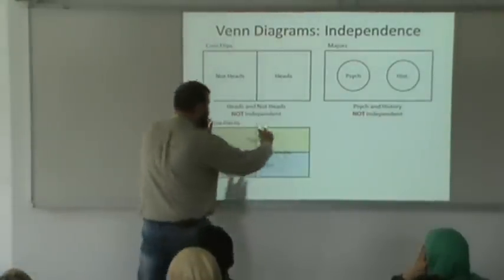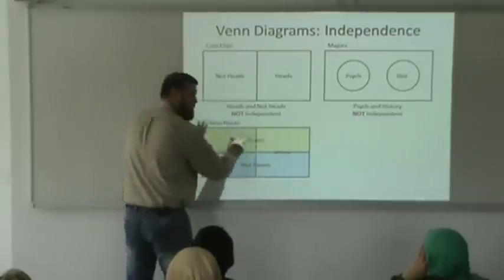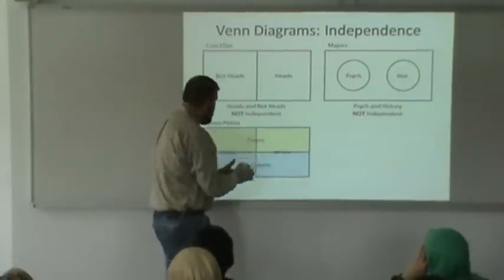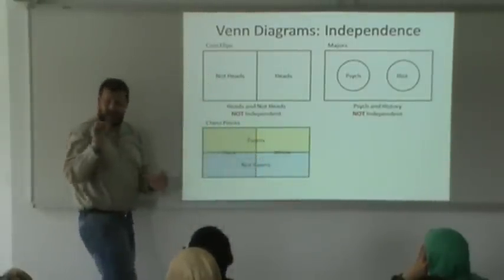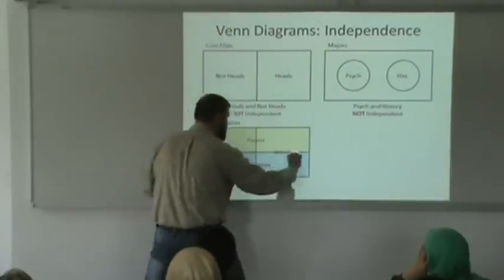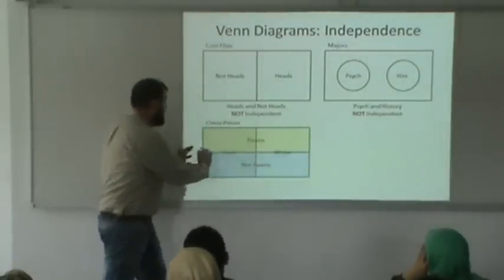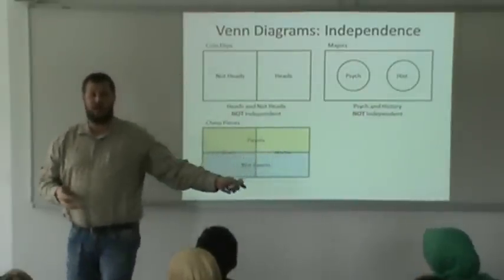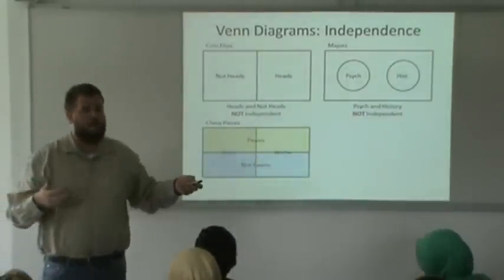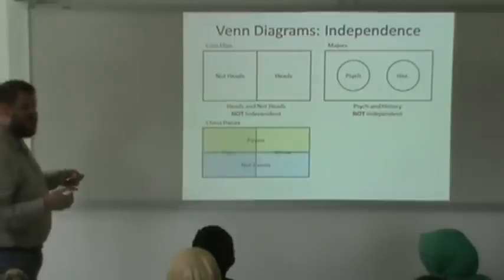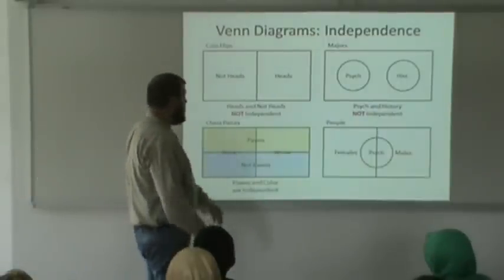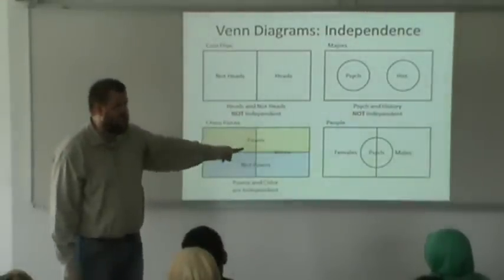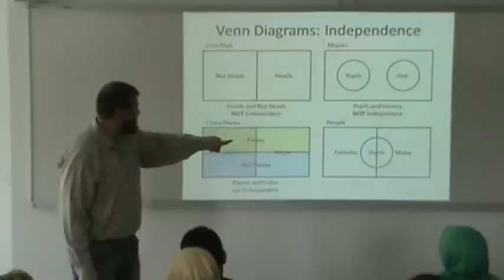Look at this, the pawns take up the same amount of the black as it does the white. If we were to create the kings, a tiny little strip for the kings, there would be just as many kings in the black as there would be in the white, which would mean that these are independent.